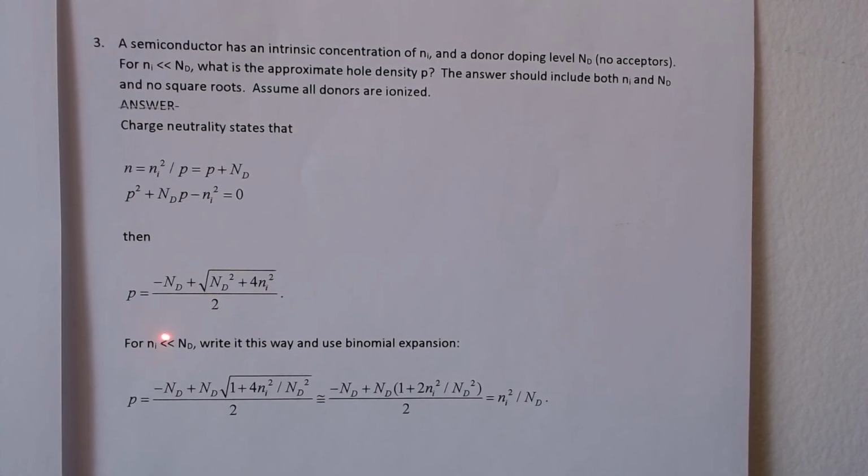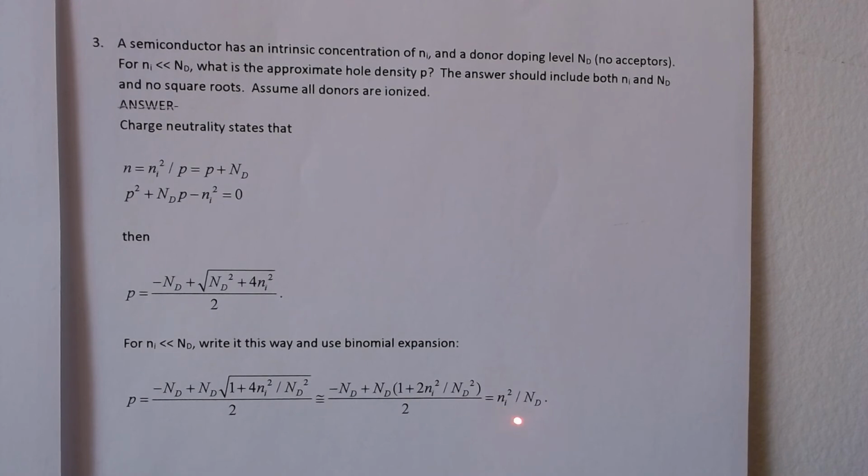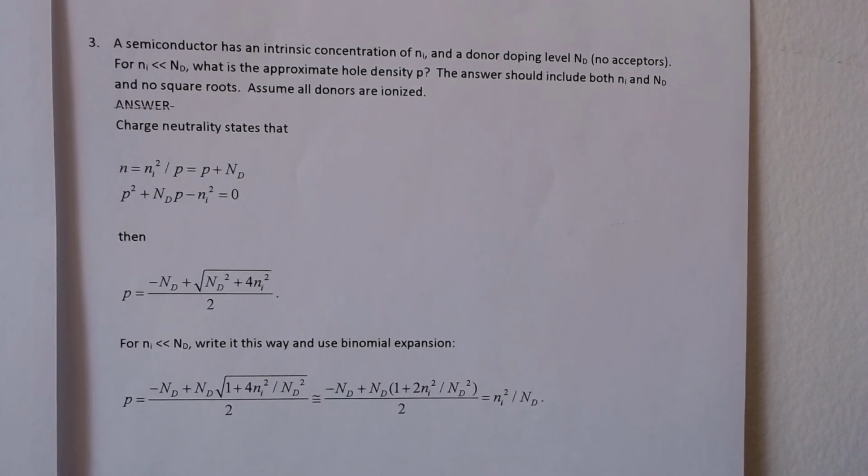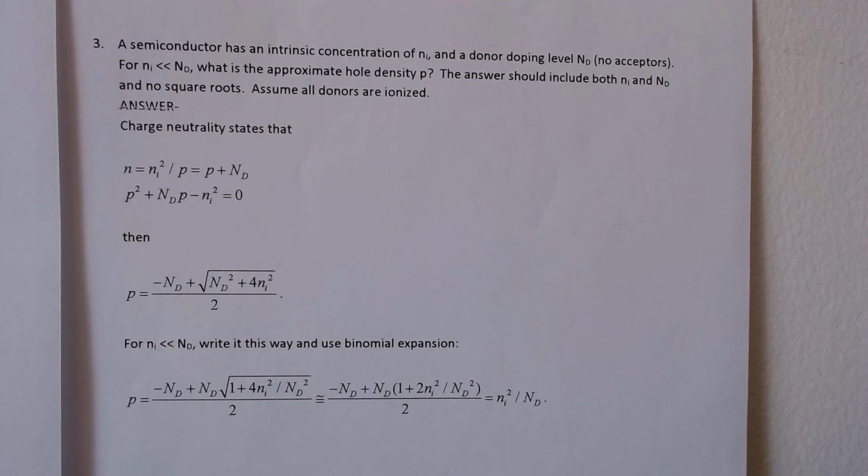So for Ni much less than Nd, you rewrite what's in the square root here, taking the Nd out, and then it's times 1 plus 4 Ni squared over Nd squared, and the approximation for that, which is 1 plus x to the 1/2, is 1 plus 1/2 x, and so that 4 turns into a 2 there. So it becomes negative Nd plus Nd times that. The Nd's cancel, and you get this answer here, which was what I wanted you to do.